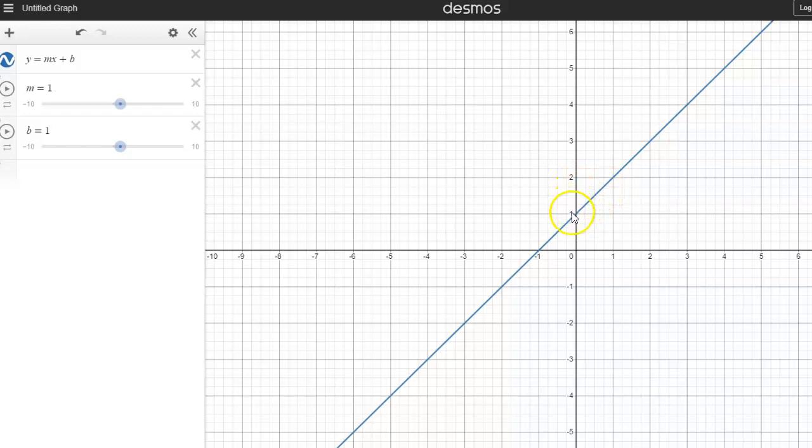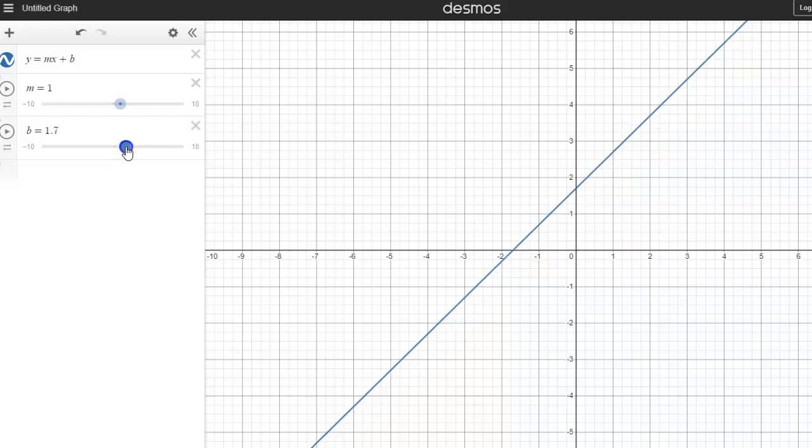If we go in the positive x direction by 1 unit, then we go up in the y direction by 1 unit. No matter where we are on the line, we have a slope of 1. Let's look at b first. What happens when I vary b? All it's going to do is change where the line crosses the y-axis.